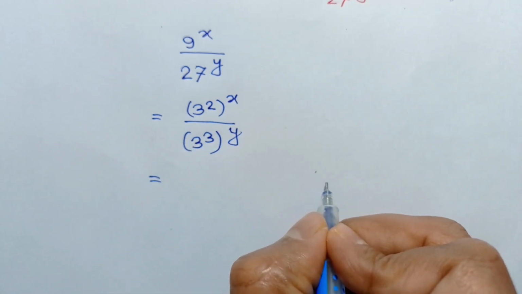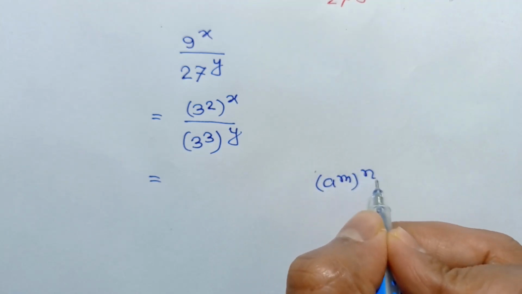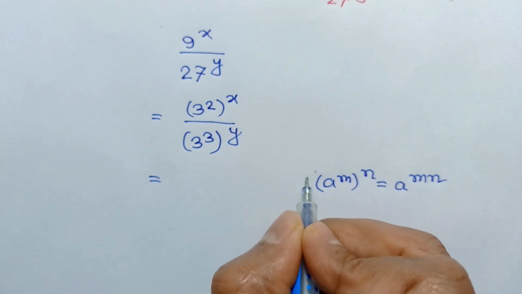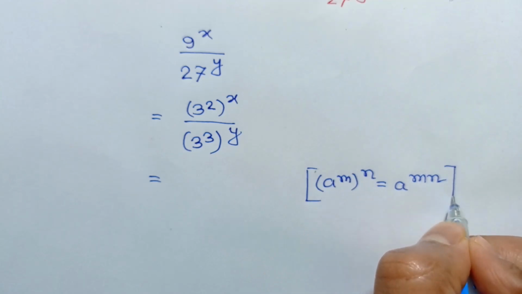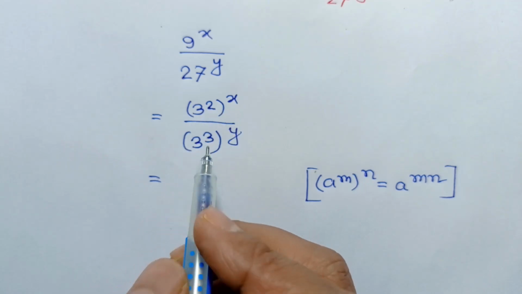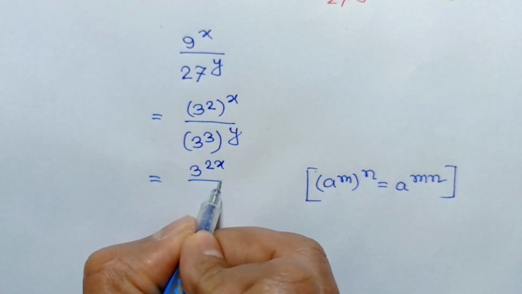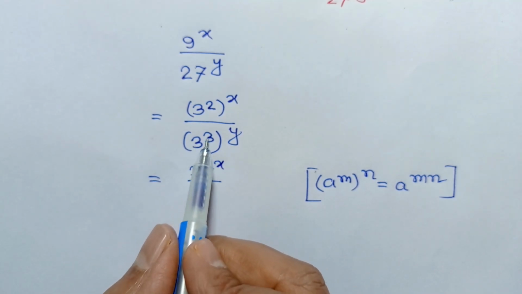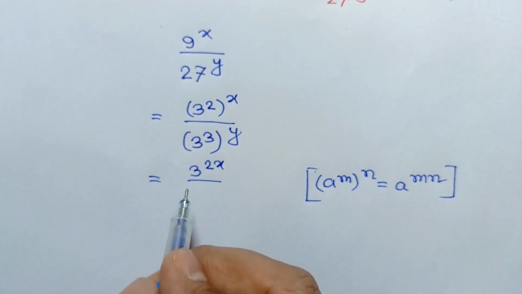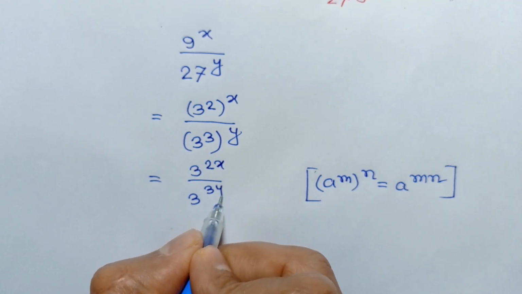According to the formula a to the power m whole to the power n can be written as a to the power mn. So applying this formula, we can write 3 square whole to the power x as 3 to the power 2x over, similarly 3 to the power 3 whole to the power y, according to this formula we can write as 3 to the power 3 times y, so 3y.